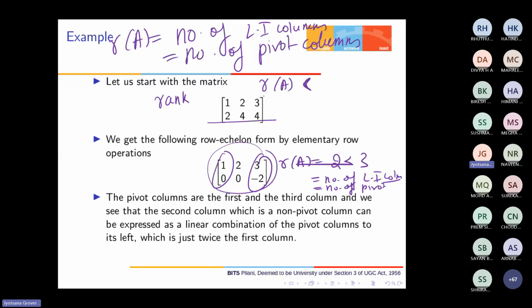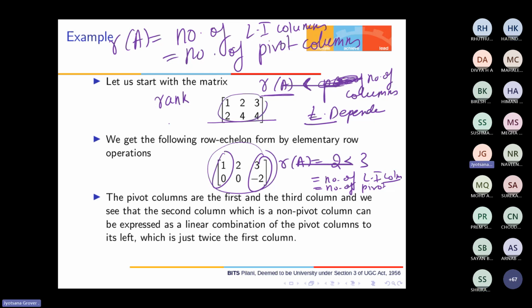If the rank is less than the number of columns, where p is the number of columns, then the columns are linearly dependent.